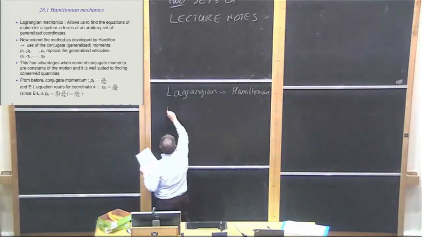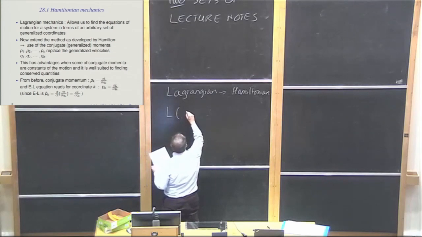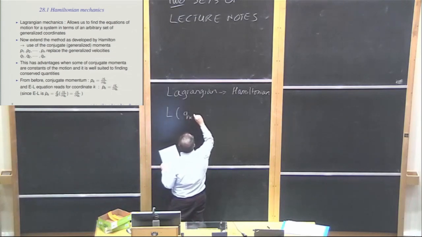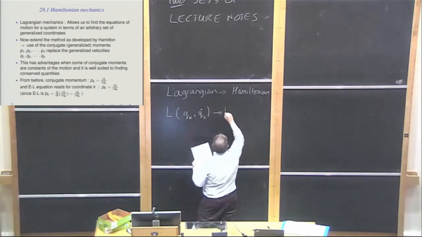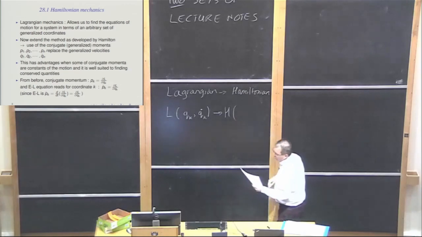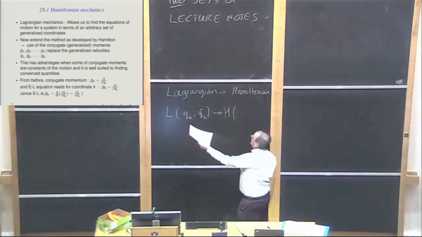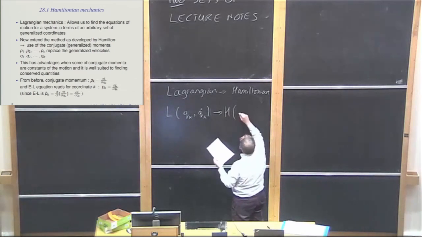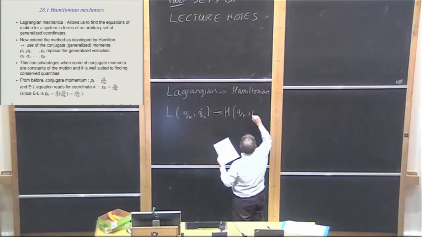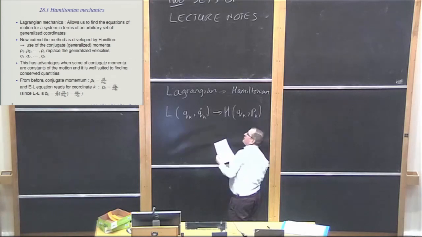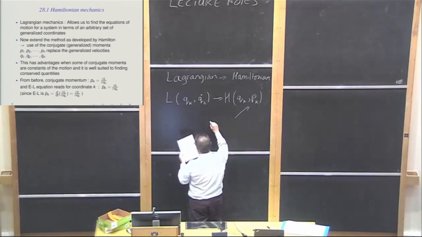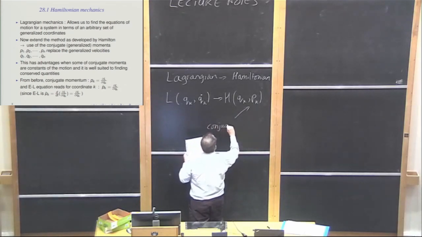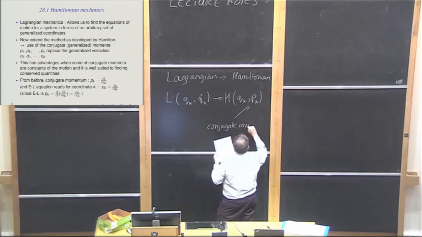The Lagrangian is a function of these generalized coordinates qk and qk dot, and then we'll move to something called the Hamiltonian, where we don't work in terms of qk and qk dot, but qk and pk, where pk, which should be familiar, is the conjugate momentum. If we have several variables in the system, there'll be several of them.